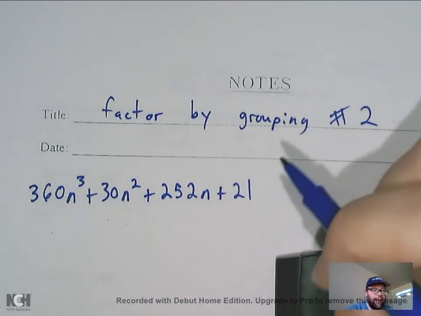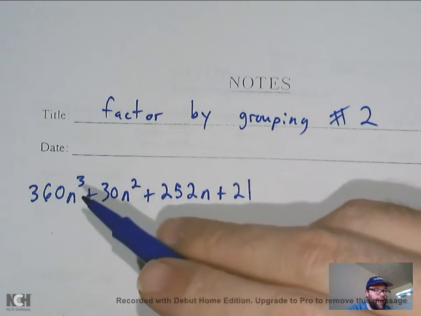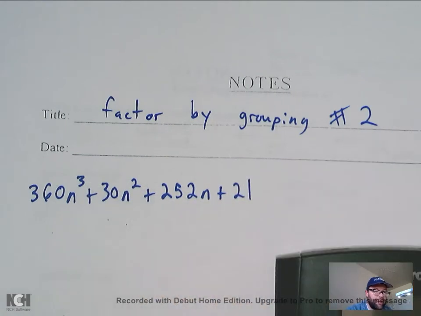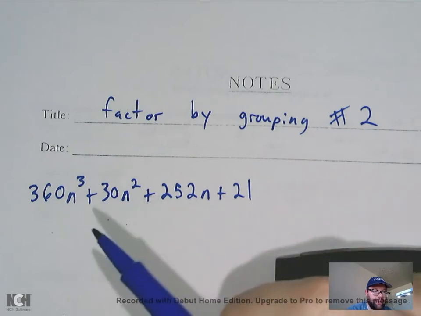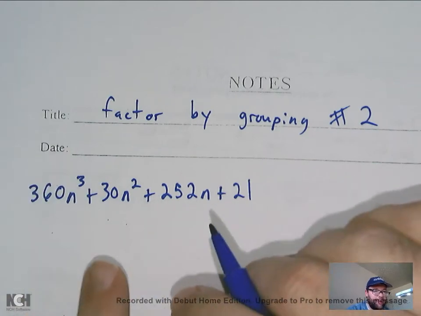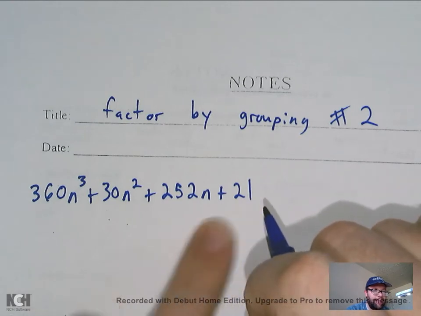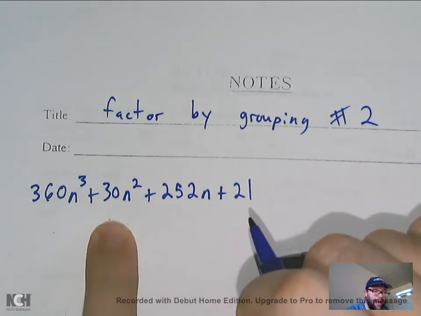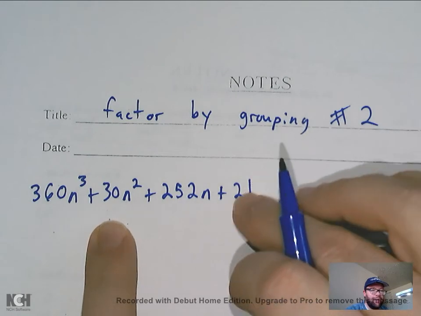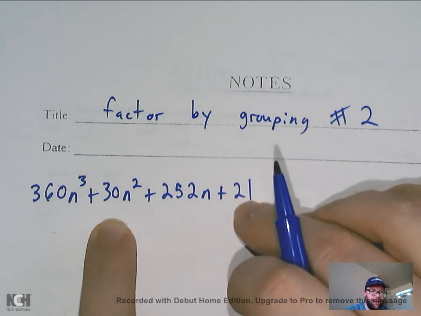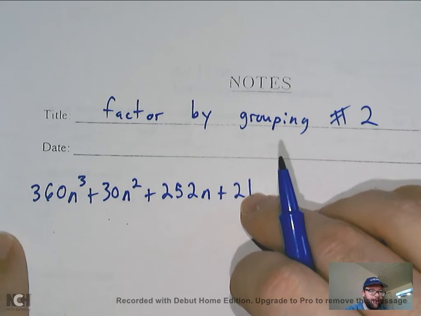So looking here, there's not an n in every term, so n's not a greatest common factor. Looking at the numbers, I'm going to look at the smaller ones first and see if there's a greatest common factor. Like this, 21 is 7 times 3, right? 30 is 10 times 3. So basically we're going to look to see if 3 is a common factor that we can take out of all of these.